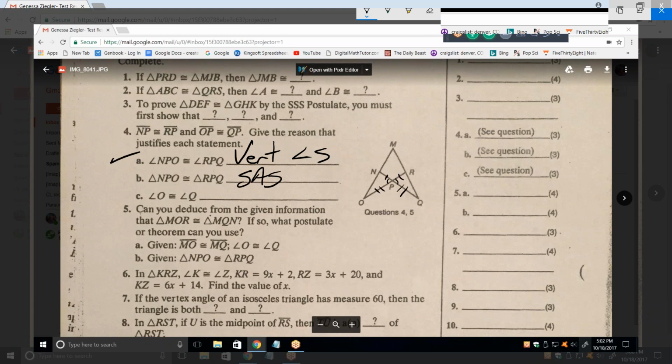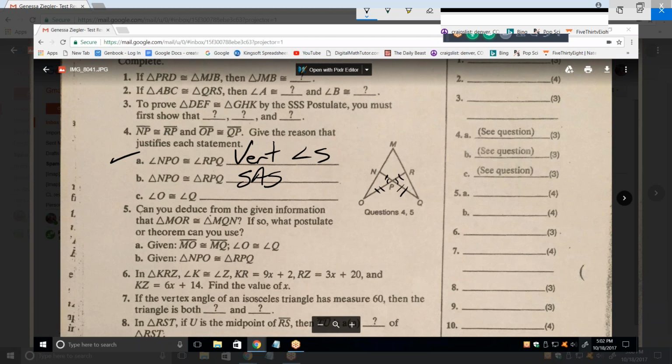There's a few congruency theorems. There's side, side, side. There's side, angle, side. There's angle, side, angle. But side, side, angle is not one of them. So really there's only like 4. We haven't talked about HL yet, which is for right triangles.